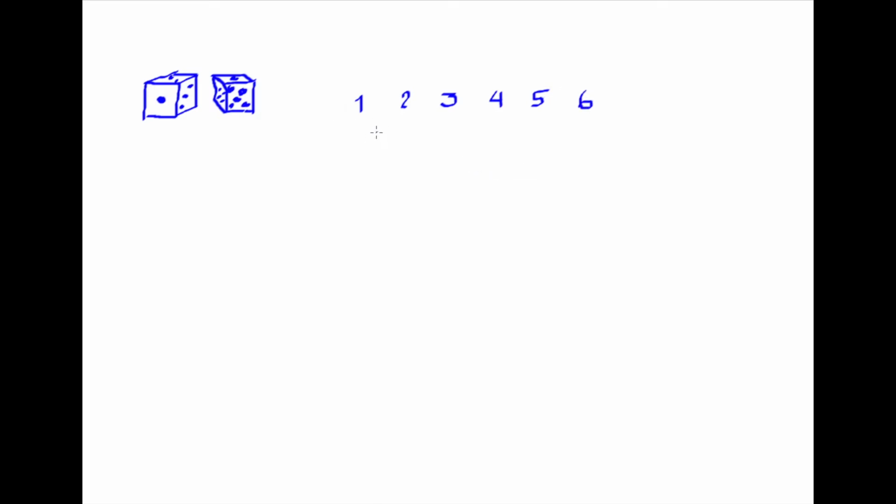This is 1 die. What we're going to do is intertwine that with another die. You can do it like this: 1, 2, 3, 4, 5, and 6. What we need to do is get the sum.